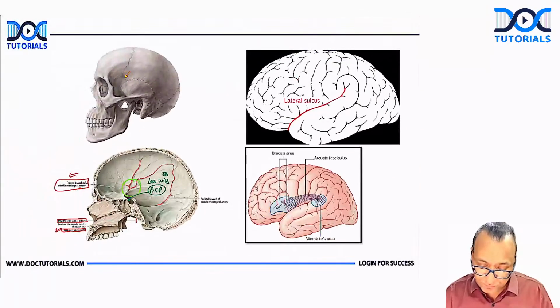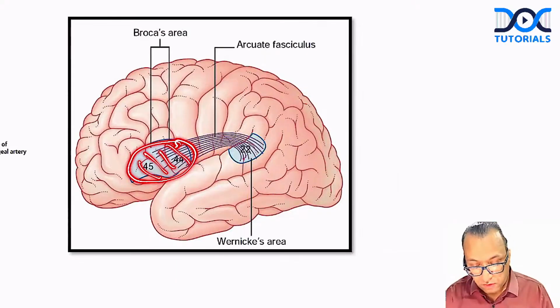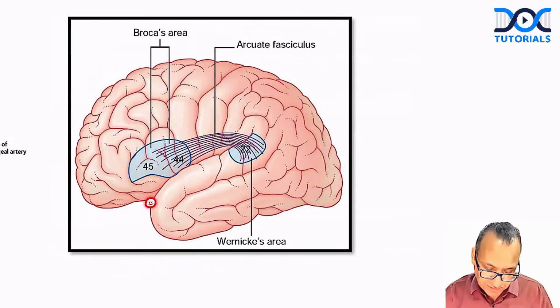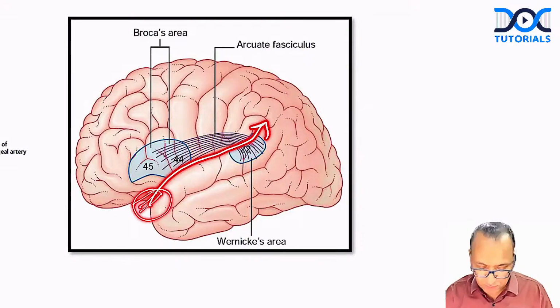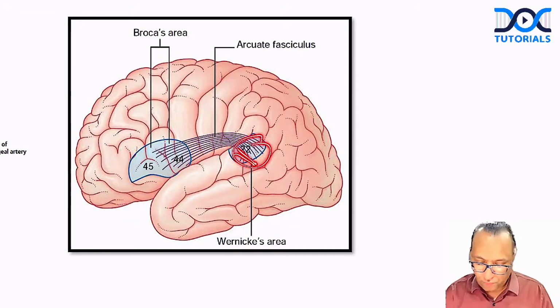Also understand, Broca's area is also deep to pterion, but not exactly, because this is the pterion area, and this is the stem of lateral sulcus. Broca's area is in the inferior frontal gyrus, but not exactly deep to it. And Wernicke's is too far behind, cannot be taken into account.